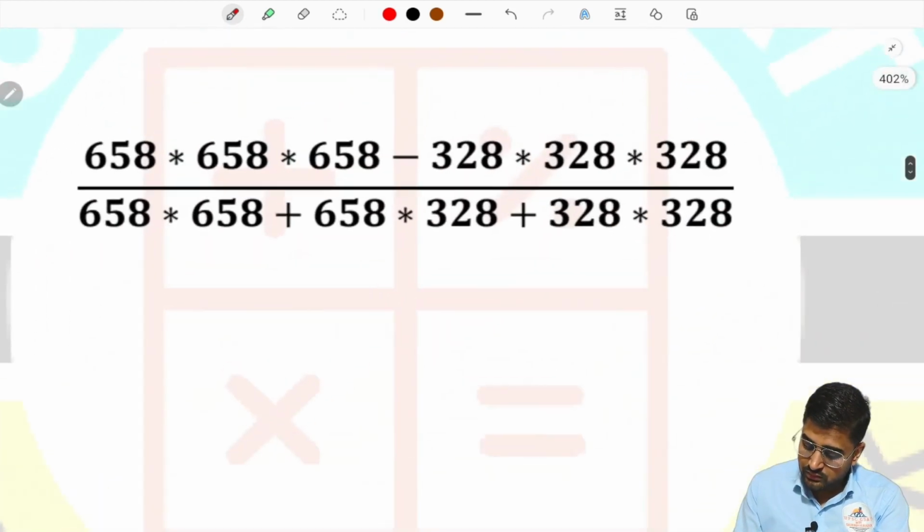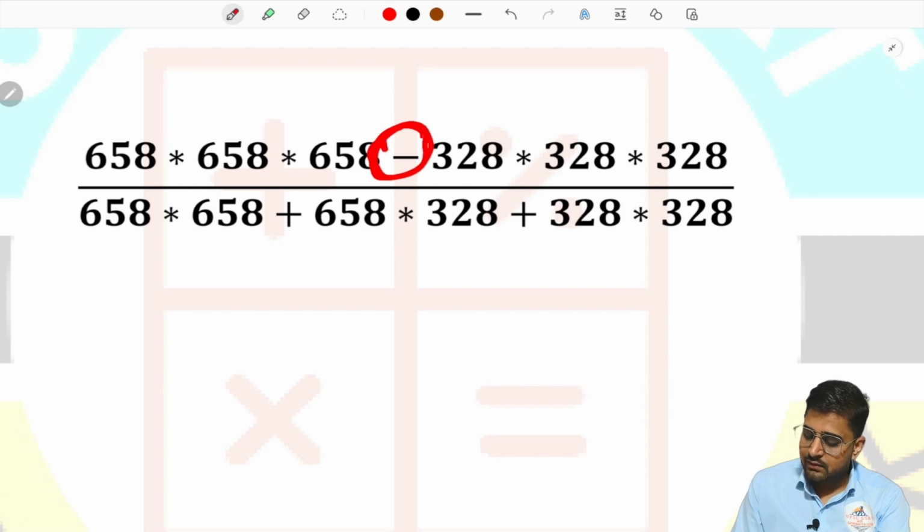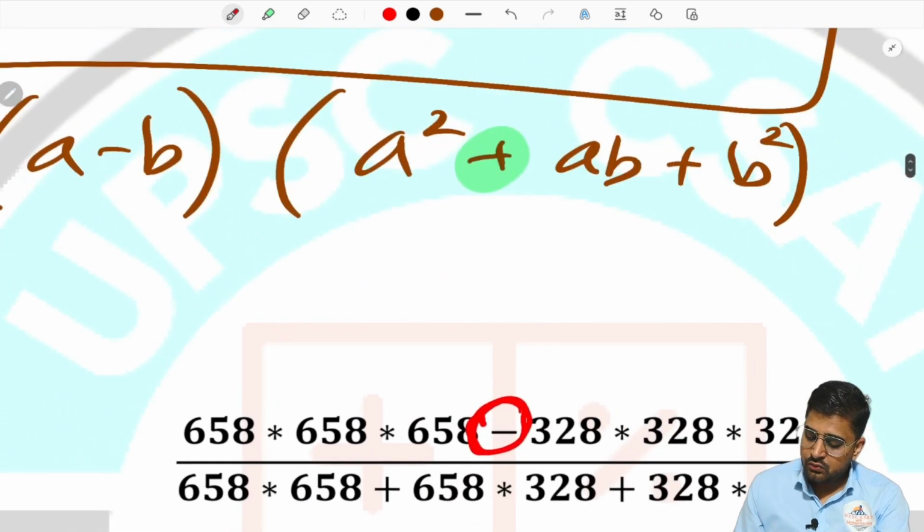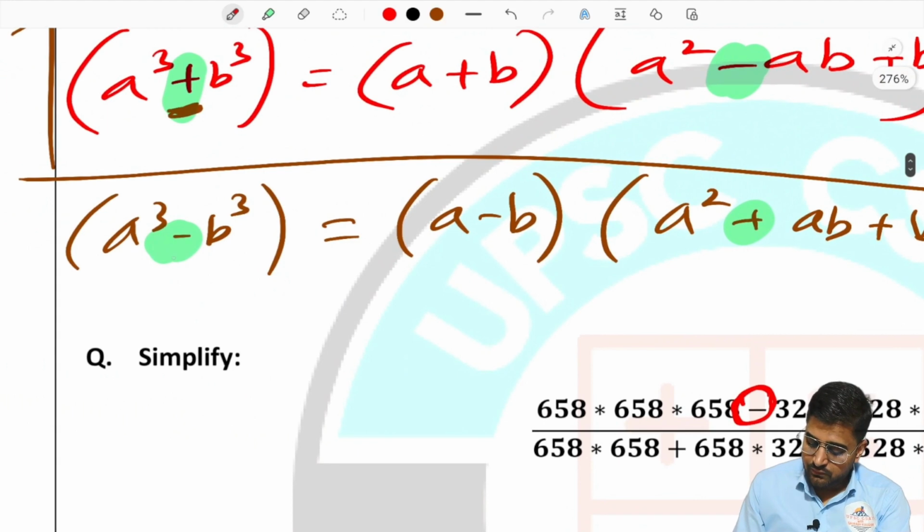This next question is also in the same context. Here there is a negative. According to the expression, if here it is the negative, then it should be a positive.